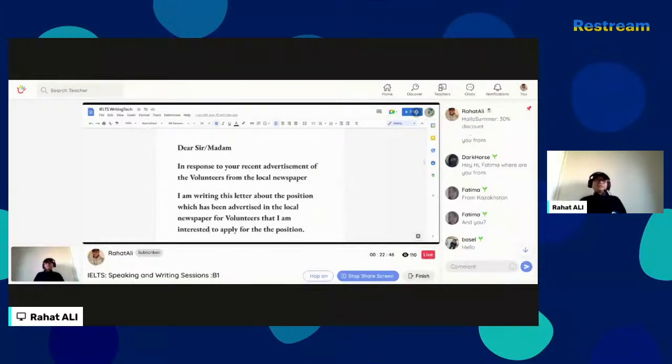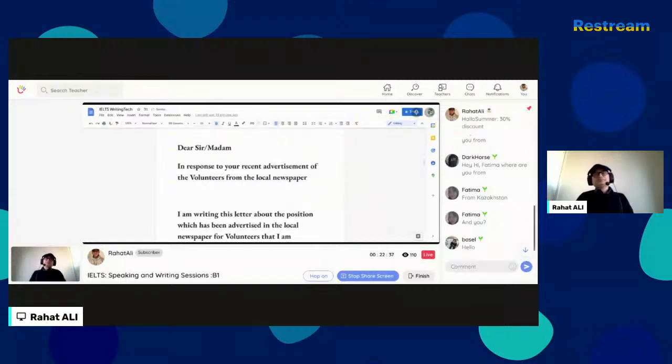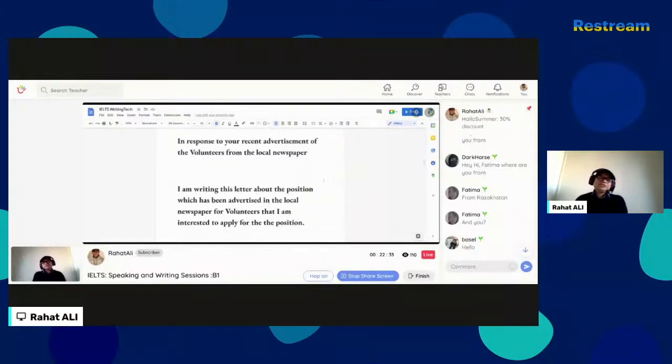Okay. It can be written two ways. I'm writing this letter about the position, or in response. Hang on a second. I've just mixed it up. About the position which has been advertised in the local newspaper for volunteers that I'm interested to apply for.